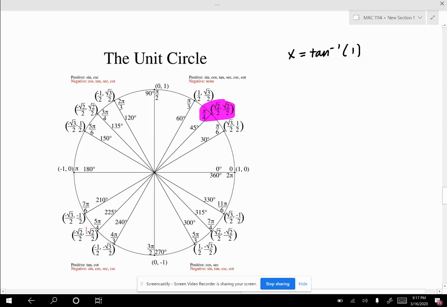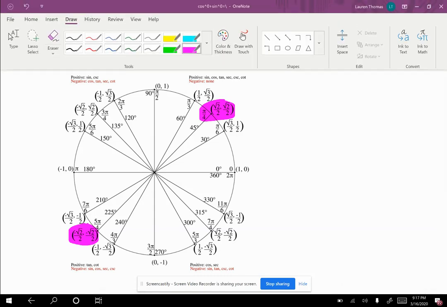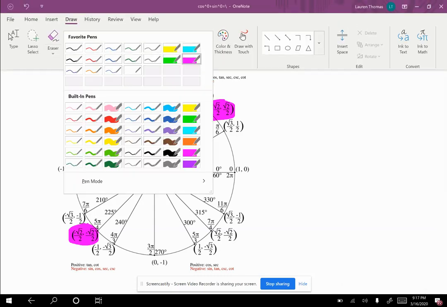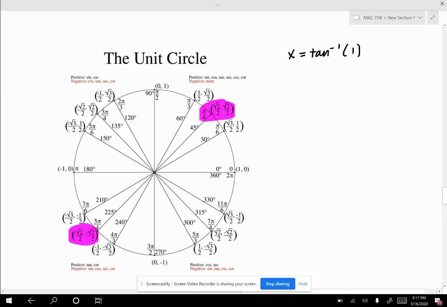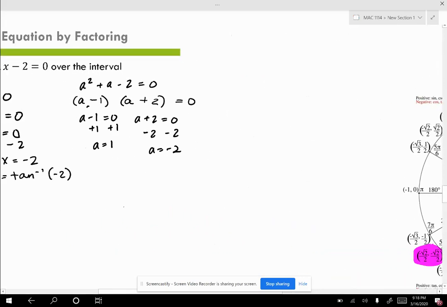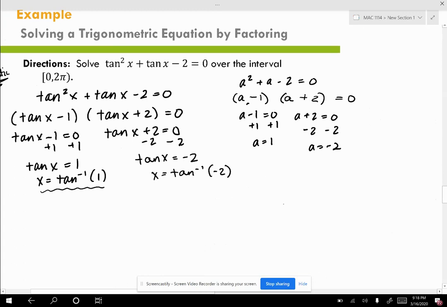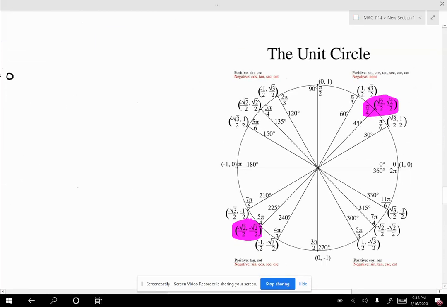And that's going to be 5 pi over 4. Okay, so those are going to be my two answers. Those are the two angles that have a tangent value of 1. So when I write my answer, remember your answer needs to correspond to the interval that they gave you. So our interval was given to us in radians, so that means when we go to write our answer, it also needs to be in radians.